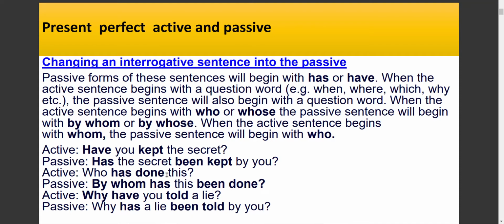Active: who has done this? Right. إذا احنا أخذنا حالة إنه إذا بدت الأكتف sentence جملة مبنية للمعلوم تبدأ مع who or whose, the passive sentence جملة مبنية للمجهول will begin with by whom. Right. Please keep this in your mind. Right. Passive here: by whom has this been done?